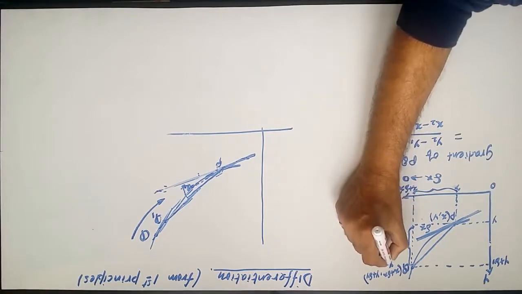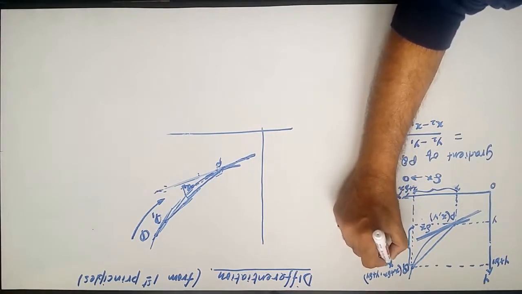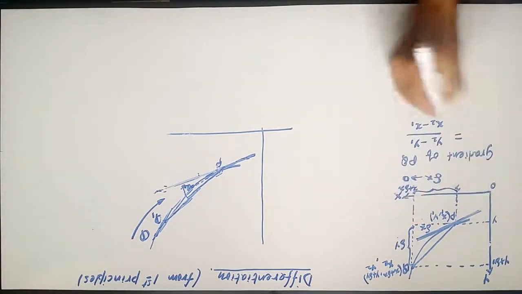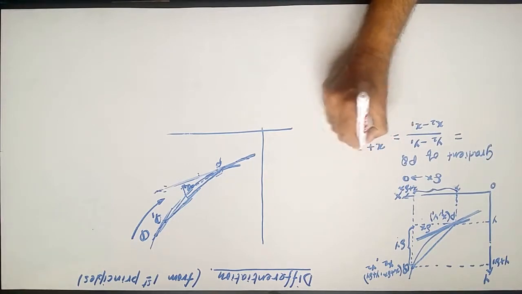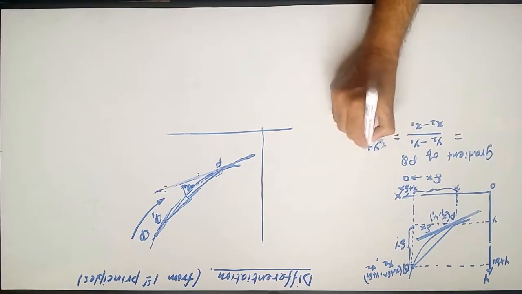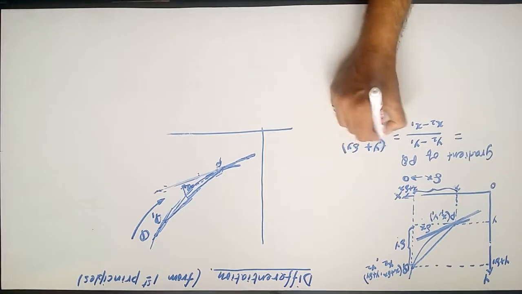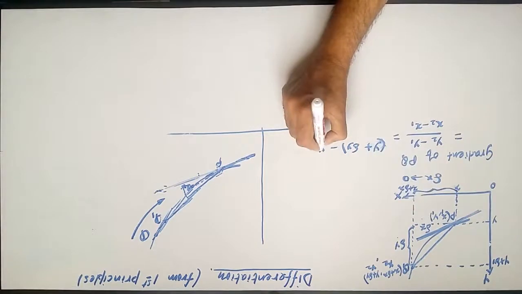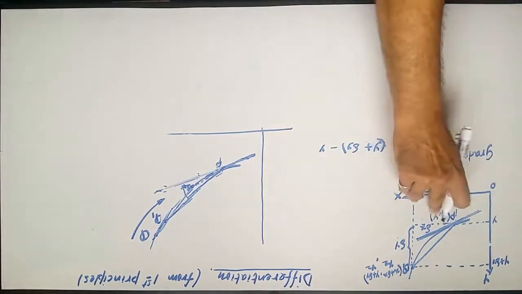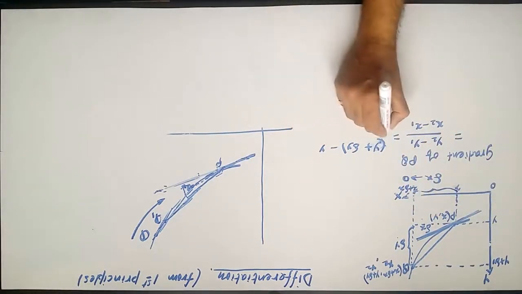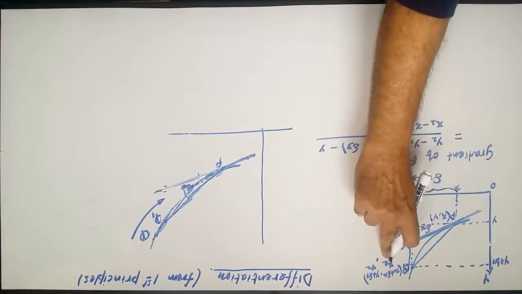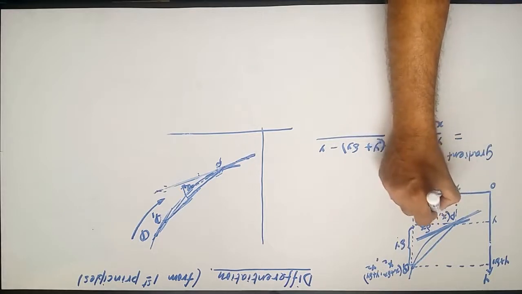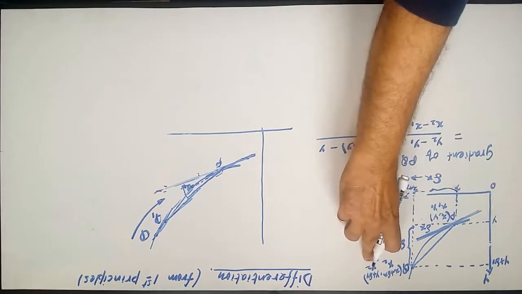This is x2 and this is y2, and this is x1 and this is y1. So we will say it is y plus delta y minus y1, which is y, because we have taken it as x and y. And this is x2 minus x1.